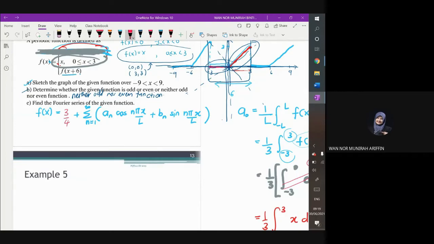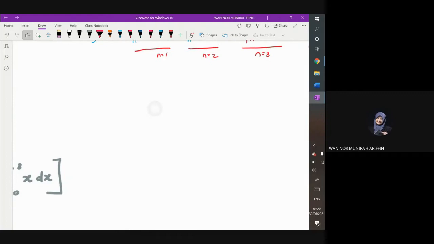Okay, now we continue. We want to find out what is a_n, and then we plug in the solution here. So a_n is given by 1 over 3, since L is 3, and then we have from negative 3 to 0, f(x) is 0 dx, plus from 0 to 3, your f(x) is x.